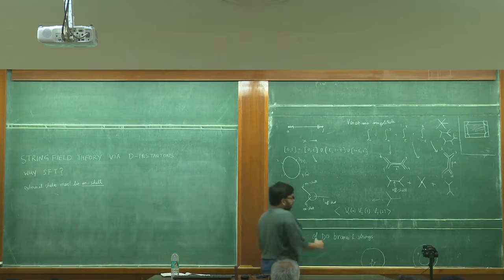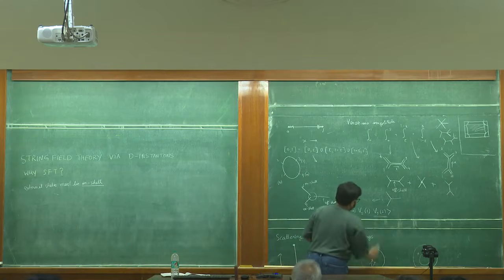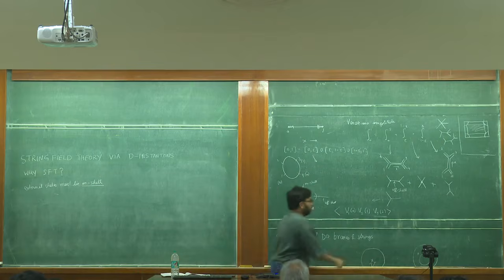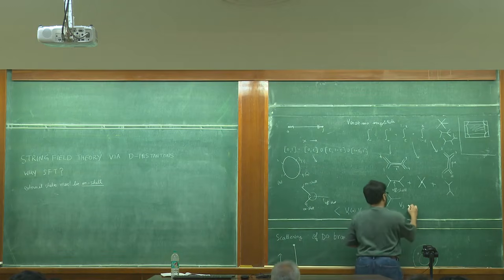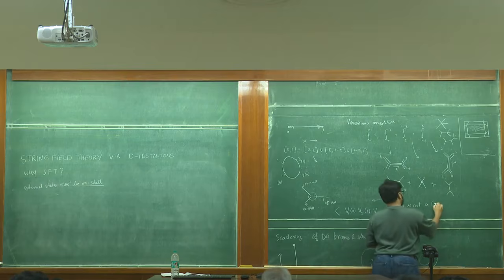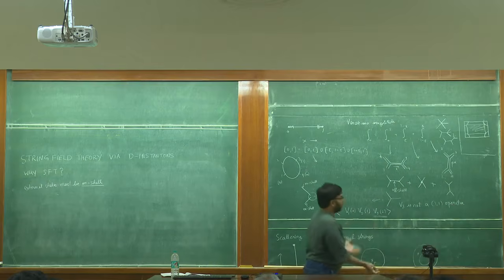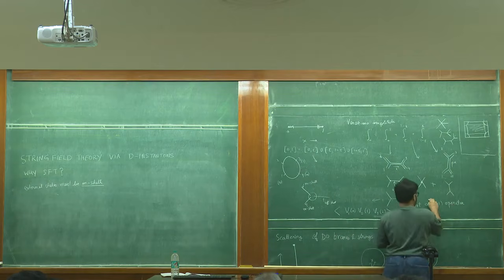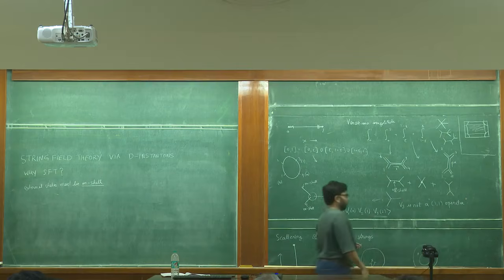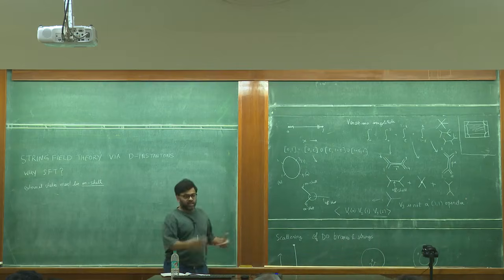Now the idea is that this object is the one which is off shell, which means V3 is not a (1,1) operator, or a 1 operator if it's an open string. It does not have delta equal to 1. Let's take that in quotes: it's not an operator which you normally insert.